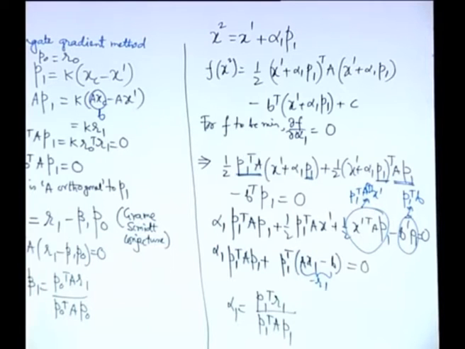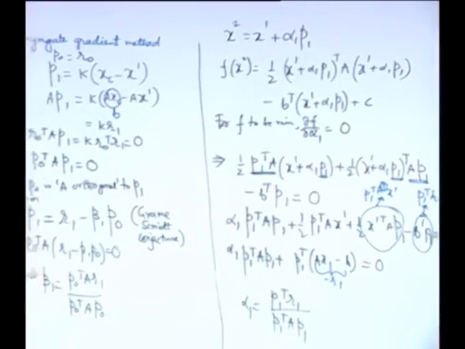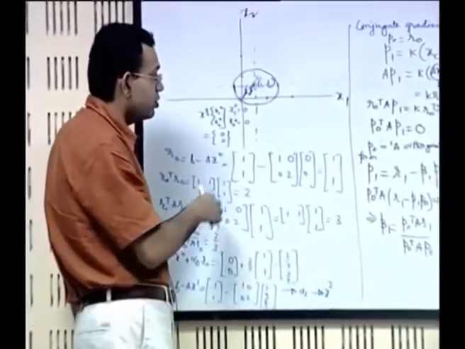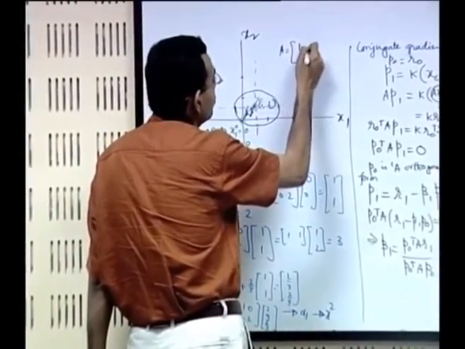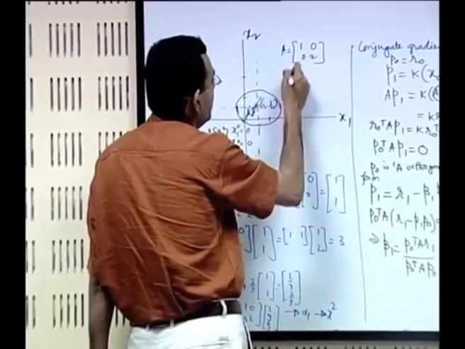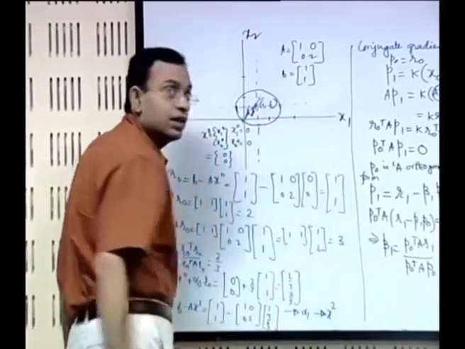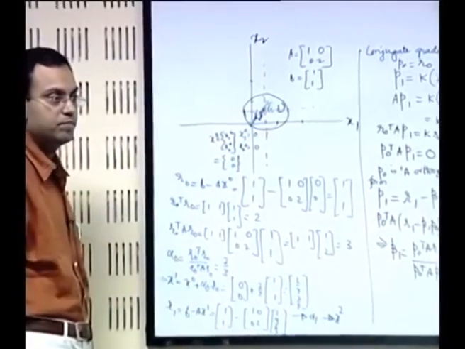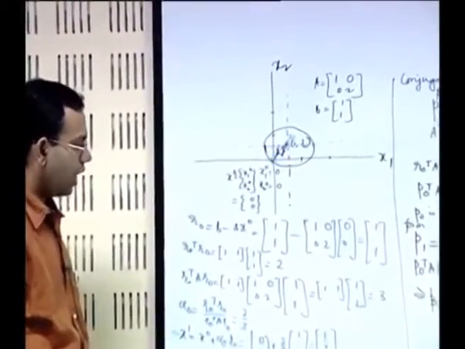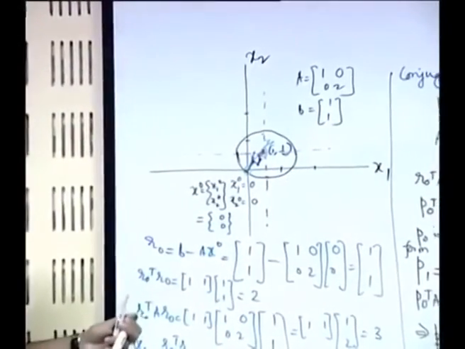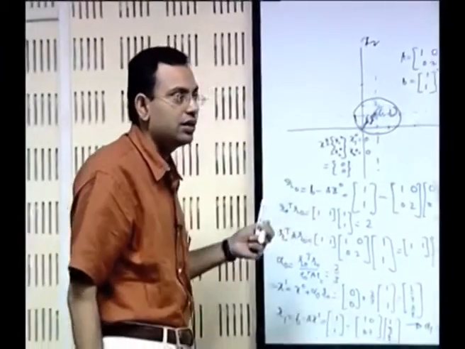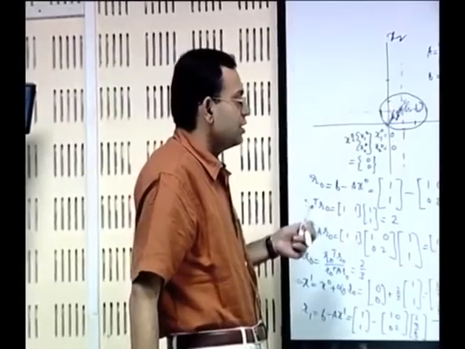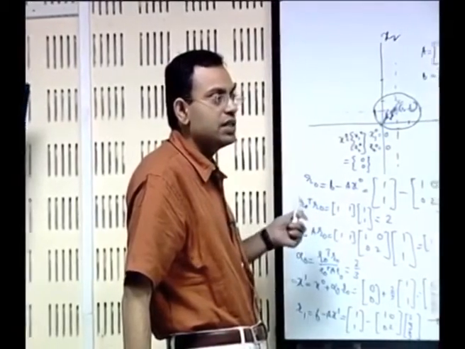How to implement this in practice? Let us follow the previous example, using which we will try to illustrate. The same example where A is equal to [1 0; 0 2] and B is equal to [1 1], we have to find out the value of x. Remember that the first few steps of the conjugate gradient method are the same as the first few steps of the steepest descent method.